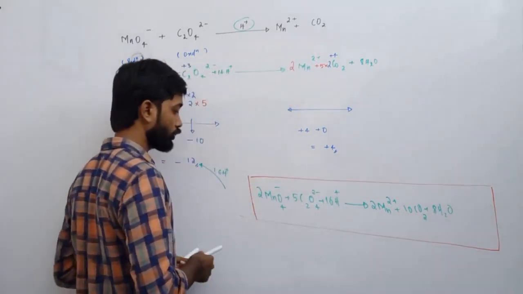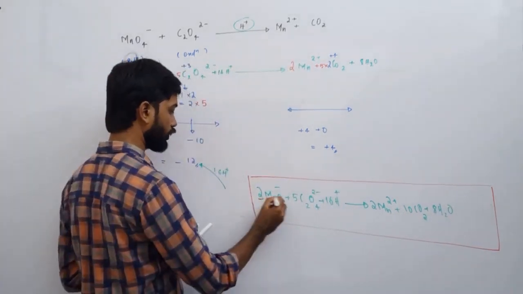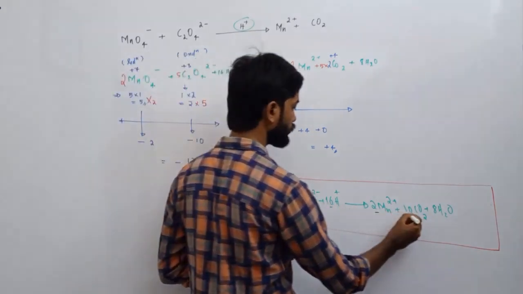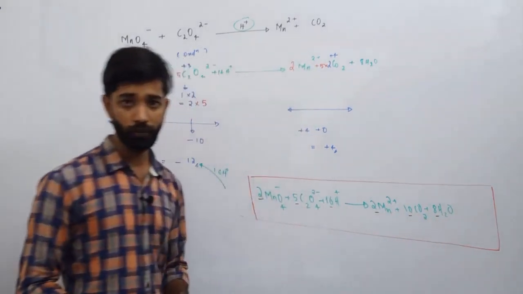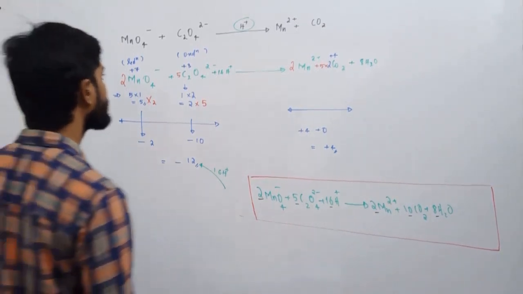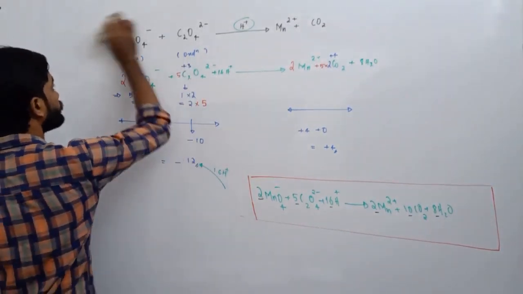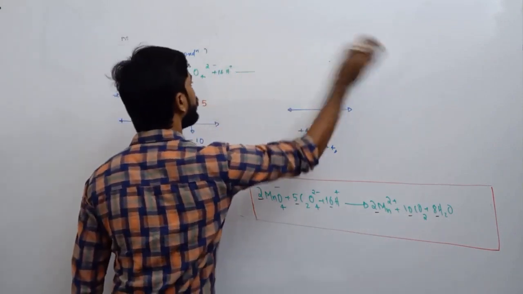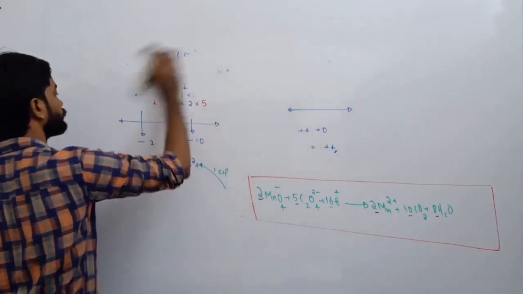Okay, so you should learn these coefficients by heart. It is frequently asked in questions. Okay, ready. Potassium permanganate and oxalic acid titration. Okay, moving to the next.